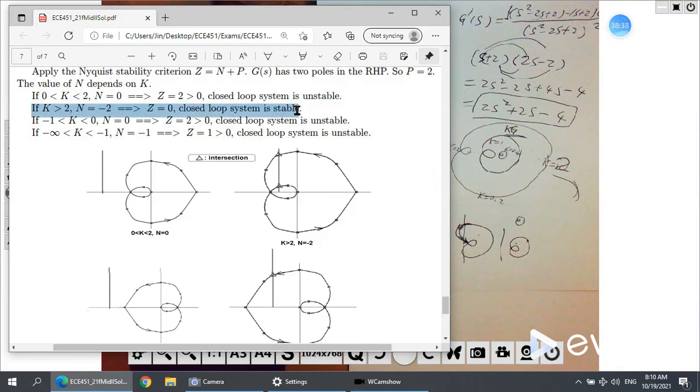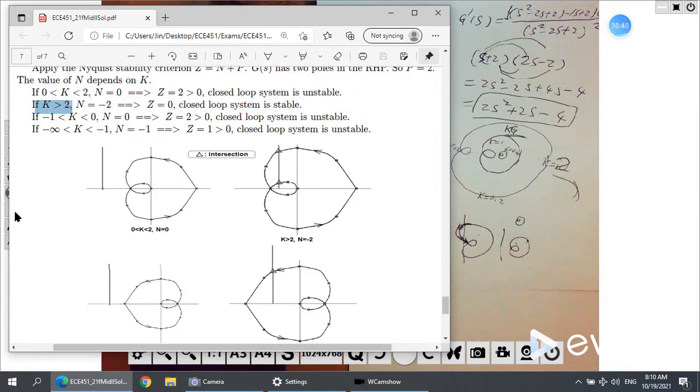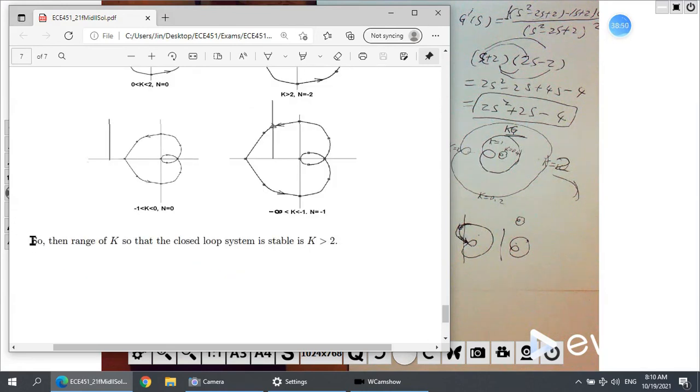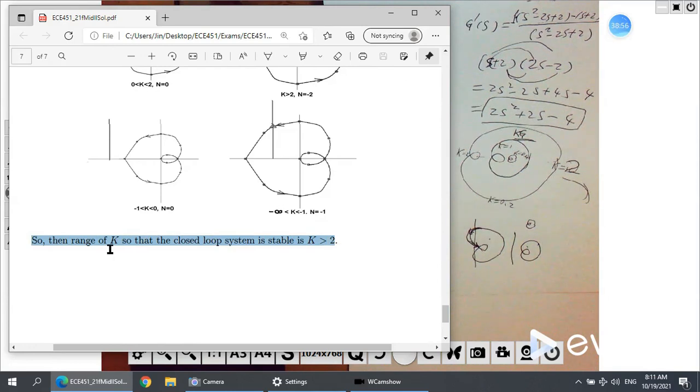All the other three cases, the system is unstable. So now we know when K is larger than 2, the system is stable. So we have our conclusion here. The range of K so that the closed loop system is stable is K larger than 2.